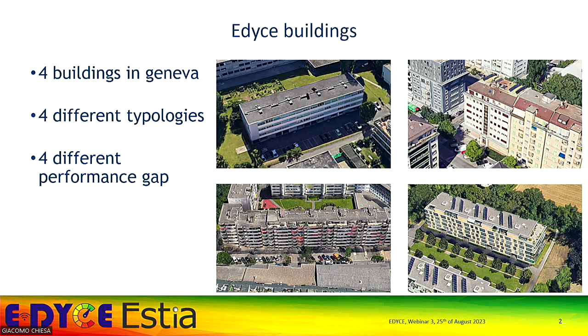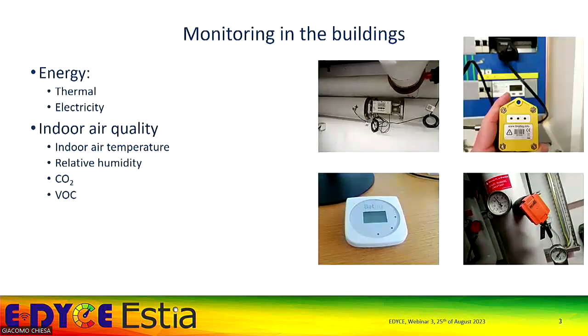And to monitor this, we wanted to monitor different buildings. Mainly the thermal energy for heating and domestic hot water, but sometimes also electricity. And to allow monitoring of comfort, we wanted to follow the indoor air quality, so the temperature, the relative humidity, the CO2, and sometimes even the VOC.